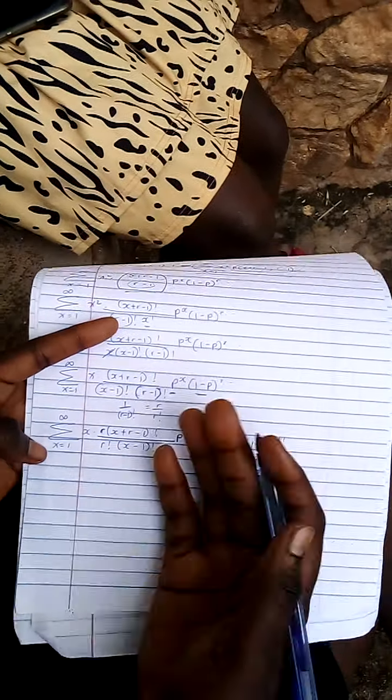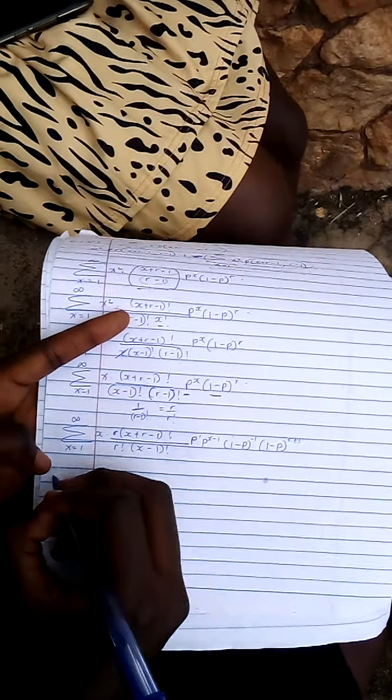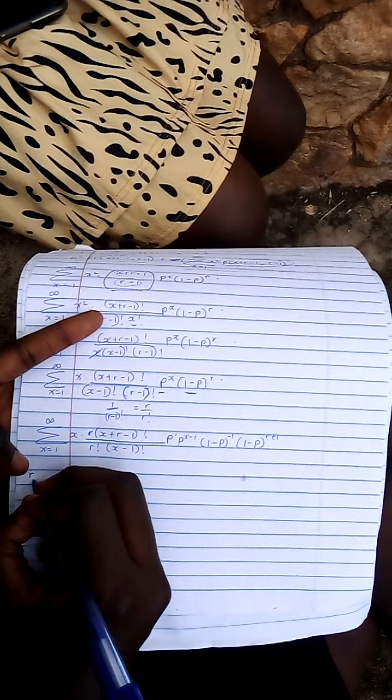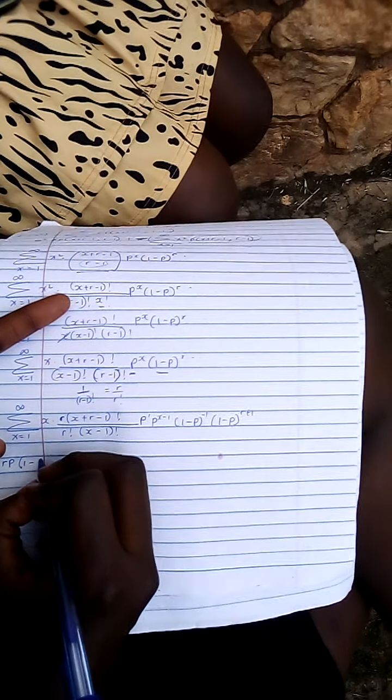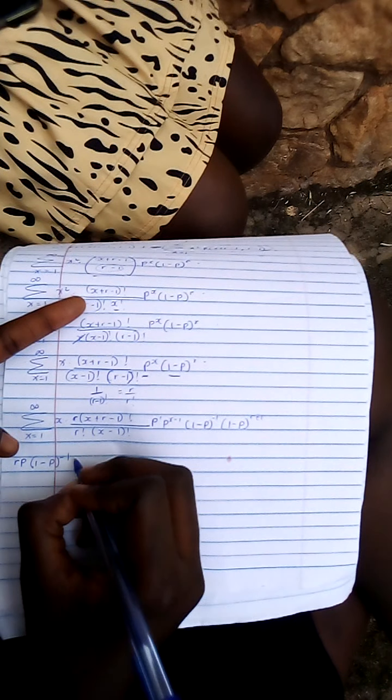So from here, putting out the constants will be rp over 1 minus p to the negative 1, times the summation.